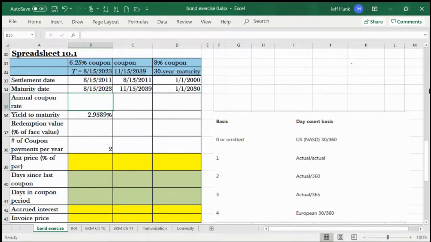Normally I don't like to use this untruncated full verbiage because it's too wordy. You don't need settlement date.